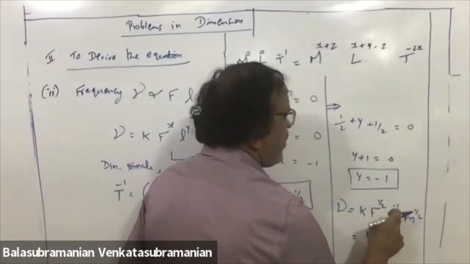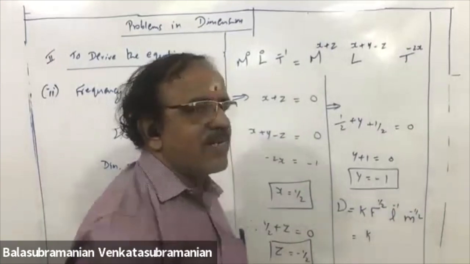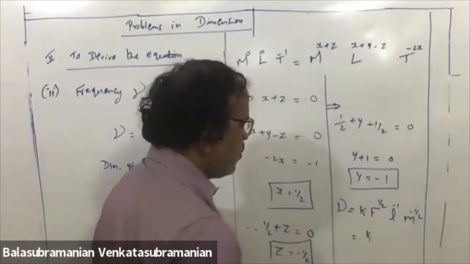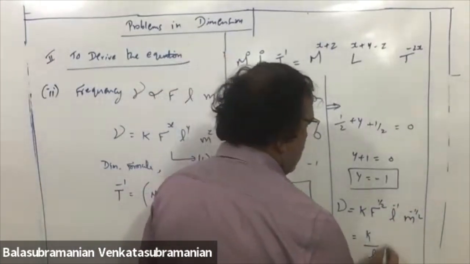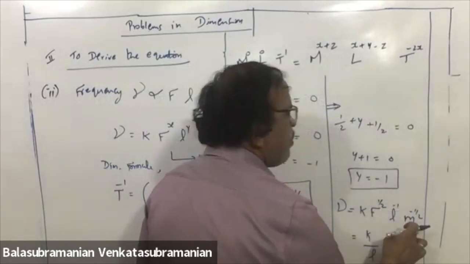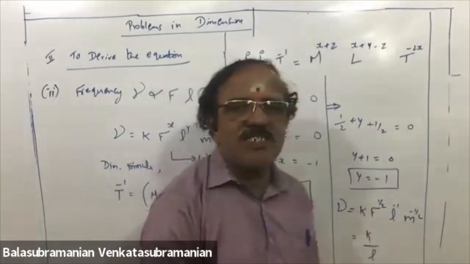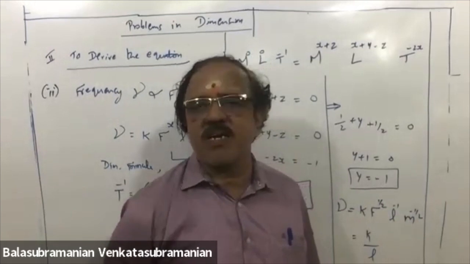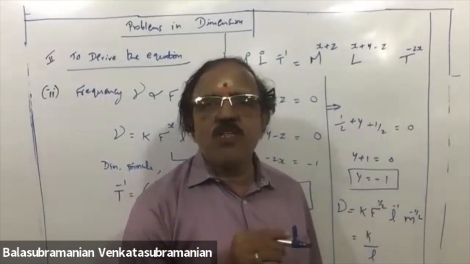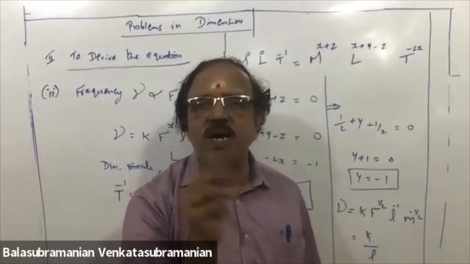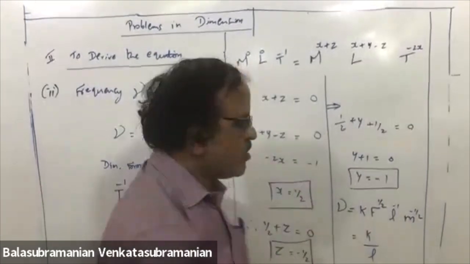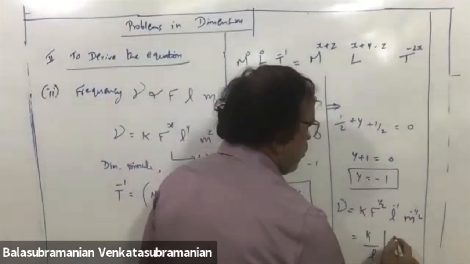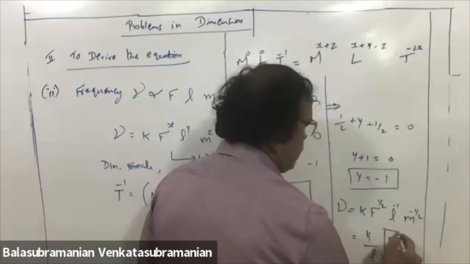Power minus will go to the denominator as plus. So k by L, F power half, and this m power minus half will go as m power half in the denominator. And one more thing, power half means it is square root. So I can write this as root of F by m.